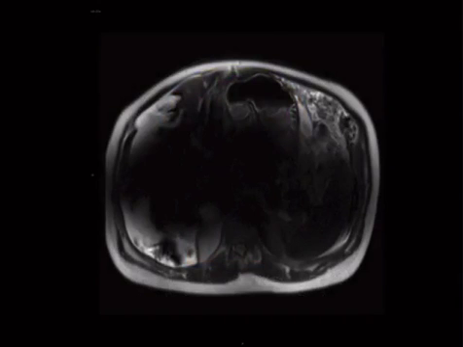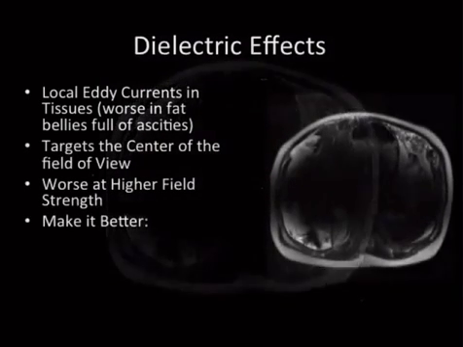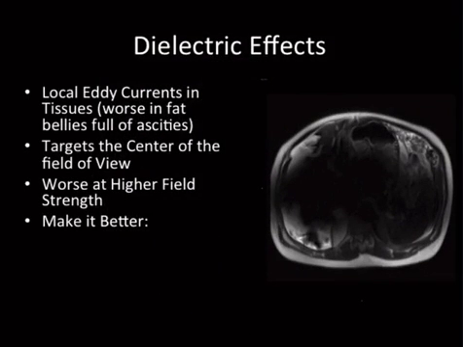All right, in the next case, I'll tell you that this patient has a lot of ascites. You can see a little bit of fluid signal here, but just take my word for it, there's a lot of ascites in this patient, and we're getting a big black blob void of signal right in the middle. So why does this happen? Basically, you have local eddy currents that are occurring in tissue.